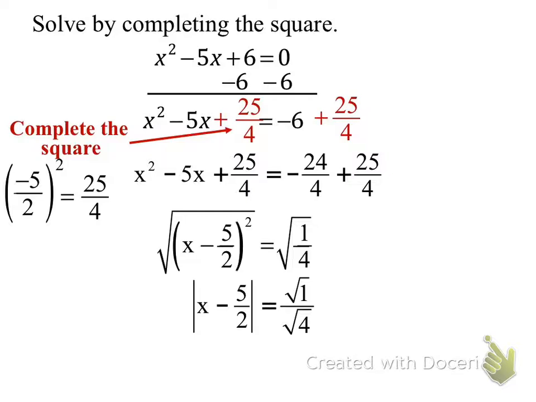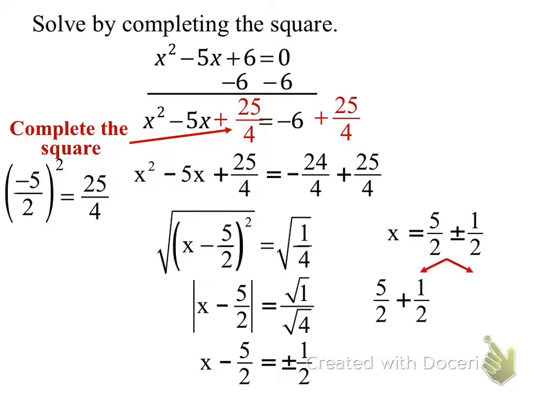So, x minus 5 over 2, to lose the absolute value, it's going to make it plus or minus 1/2, right? Now, I have to add 5 over 2 to both sides. You with me? And then I get 5 over 2 plus 1 over 2 and 5 over 2 minus 1 over 2.